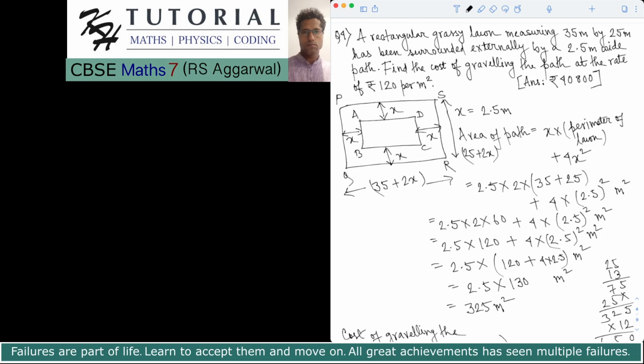Let me see if I have copied the question correctly or not. Question number 4, a rectangular grassy lawn measuring 38 by 20. Oh, sorry, this is not 35, but this is 38. My bad. This is 38.